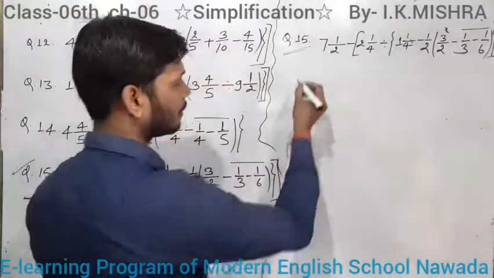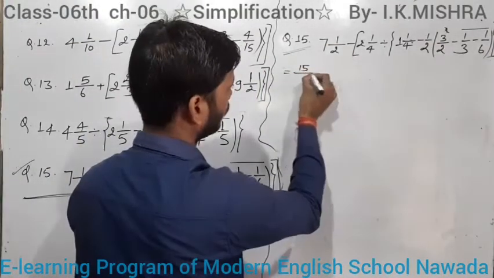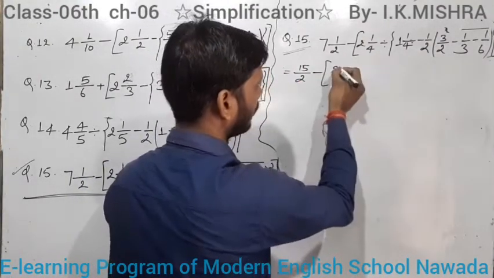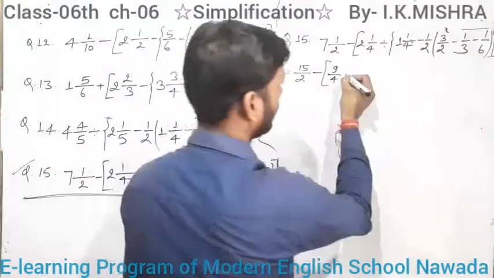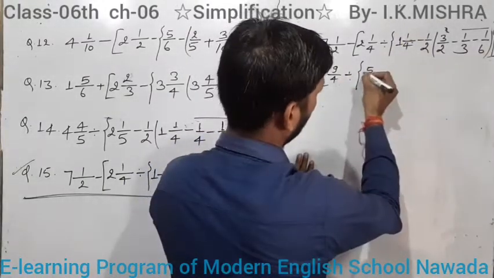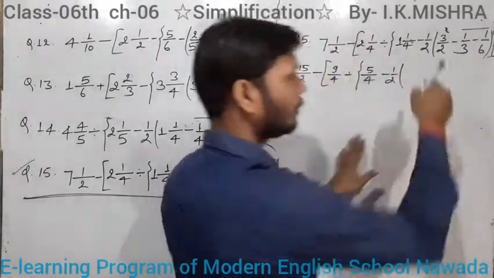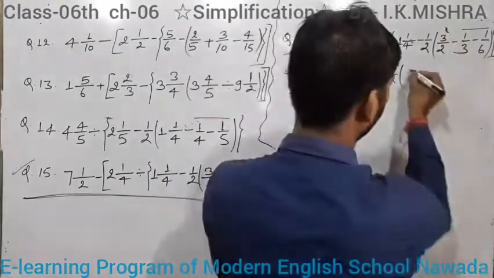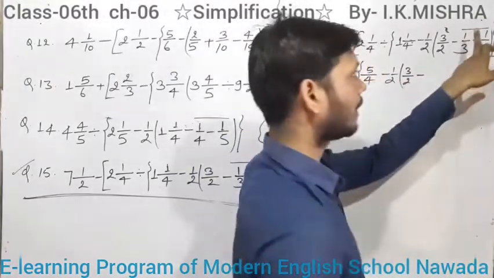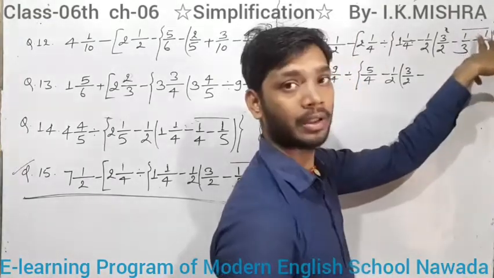So students, do here 15 by 2 minus 9 by 4 divided by 5 by 4 and minus 1 by 2 into 3 by 2, minus, and after that 1 by 3 minus 1 by 6, the operation is done.